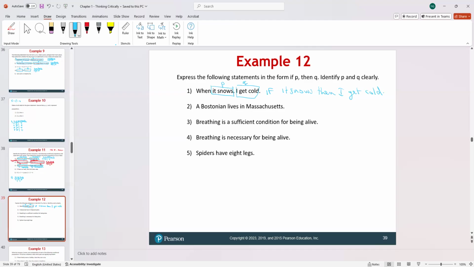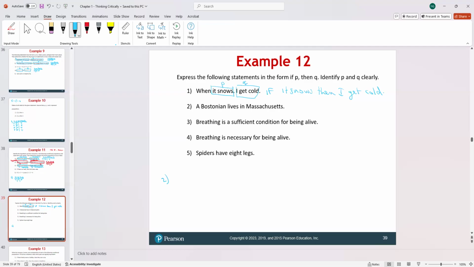Period. That's a sentence. A Bostonian lives in Massachusetts. Yeah, so how would you put this one together? I like this one a lot because it asks you a Bostonian lives in Massachusetts. So I'm going to write it down here.